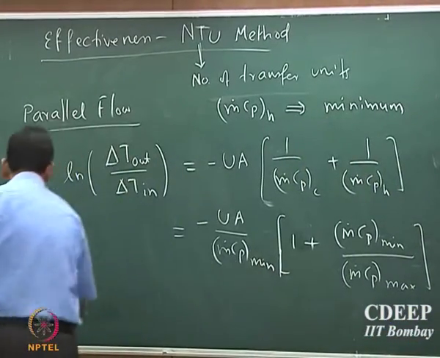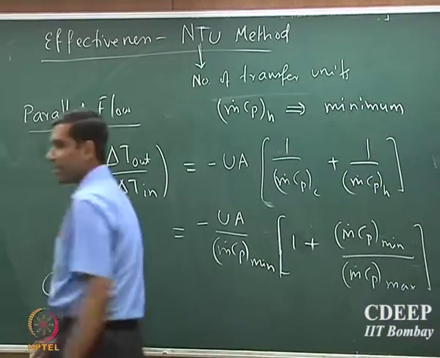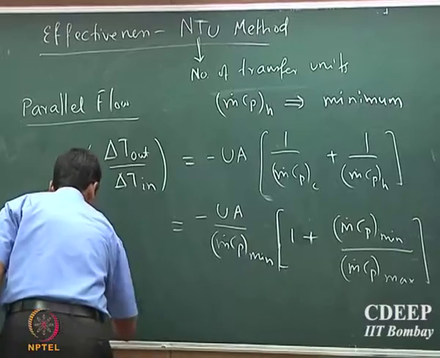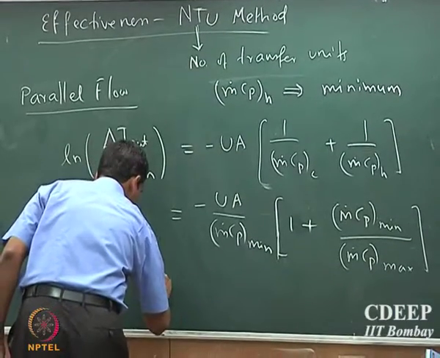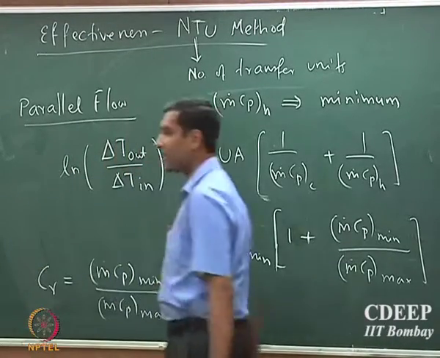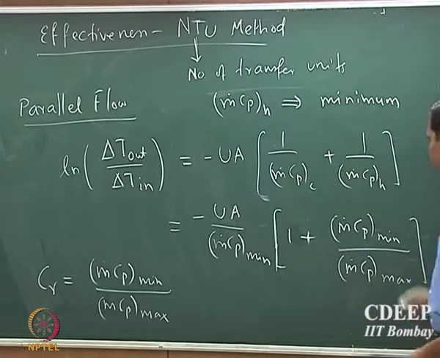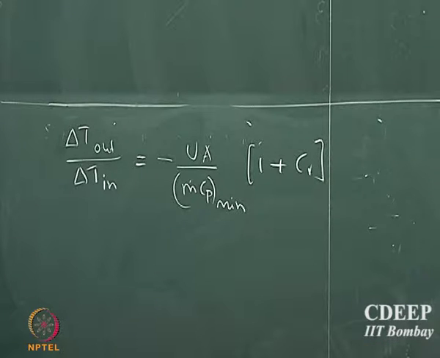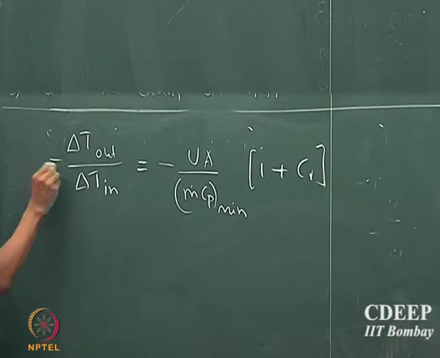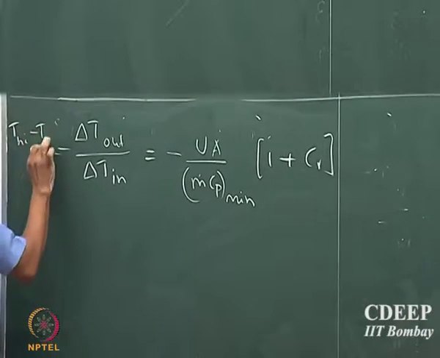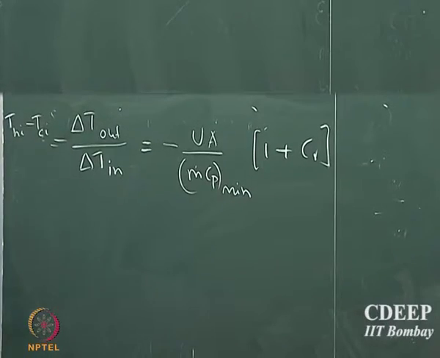So if I define Cr as the ratio of the capacities, m dot Cp min divided by m dot Cp max, I define that as Cr. I can plug this in here. So what I will get is delta T, minus UA divided by m dot Cp min, into 1 plus Cr. Now this is Thi minus Tci, oops, exponential.